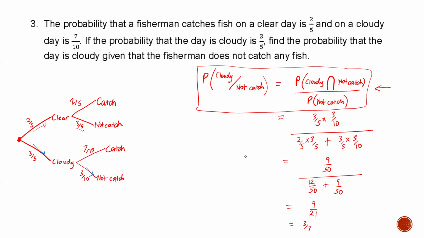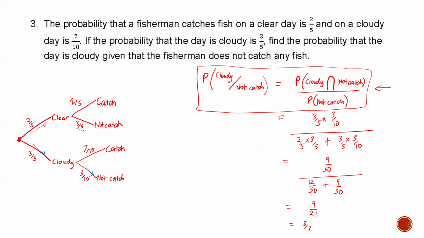So we're looking at the times when he didn't catch, and on what fraction of the occasions where he didn't catch any fish was it cloudy. So we have to look at when it was cloudy and he didn't catch, and when he didn't catch at all.